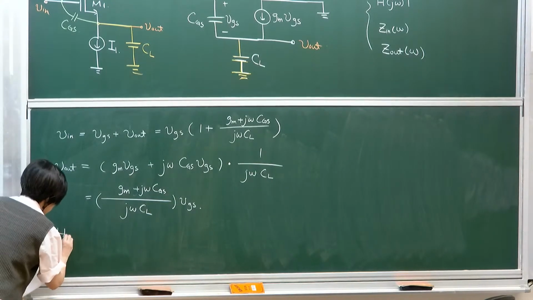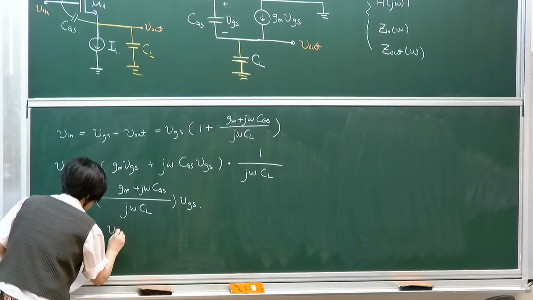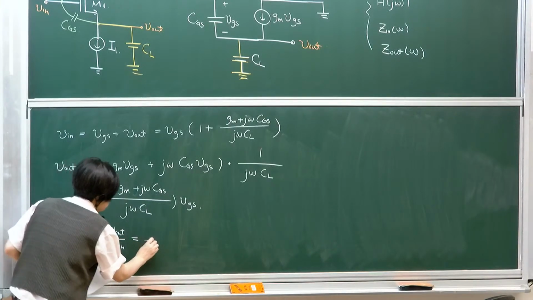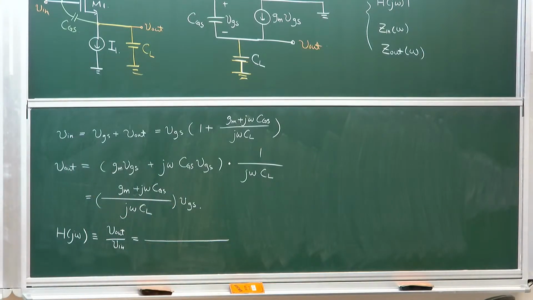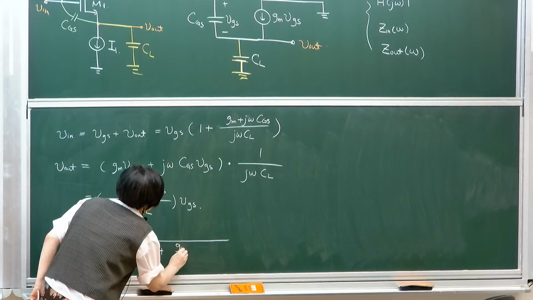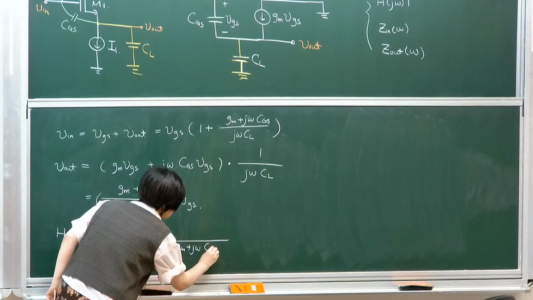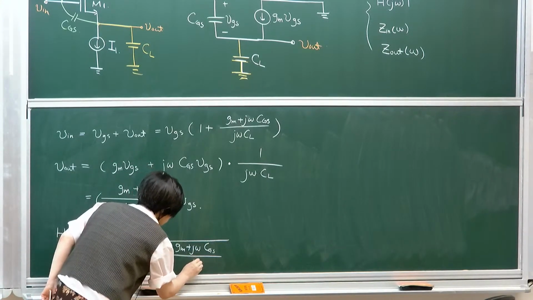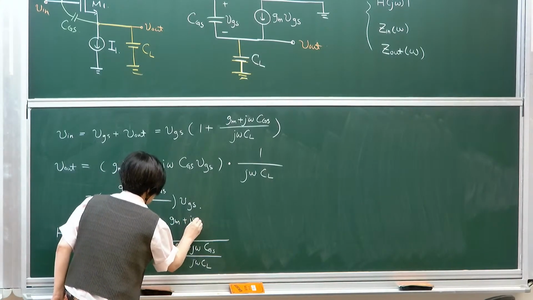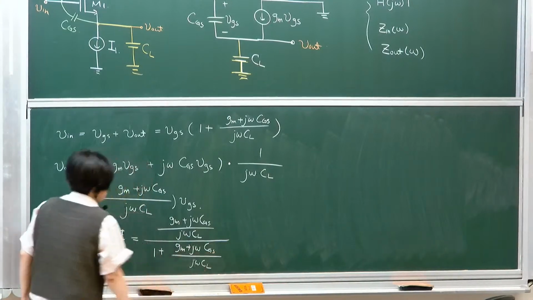So my transfer function will then become Vout over Vin, by definition. From the denominator, there's an additional 1 term: 1 plus (gm plus j omega CGS) over j omega C load, and the same term in the numerator.